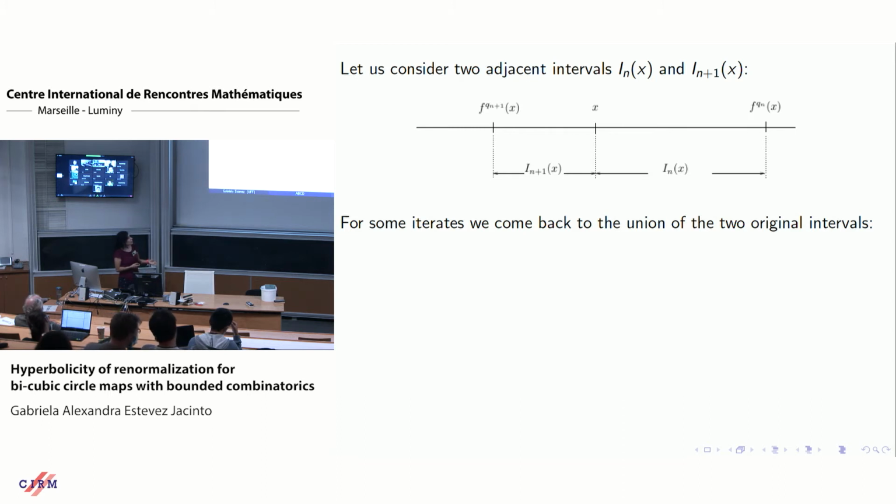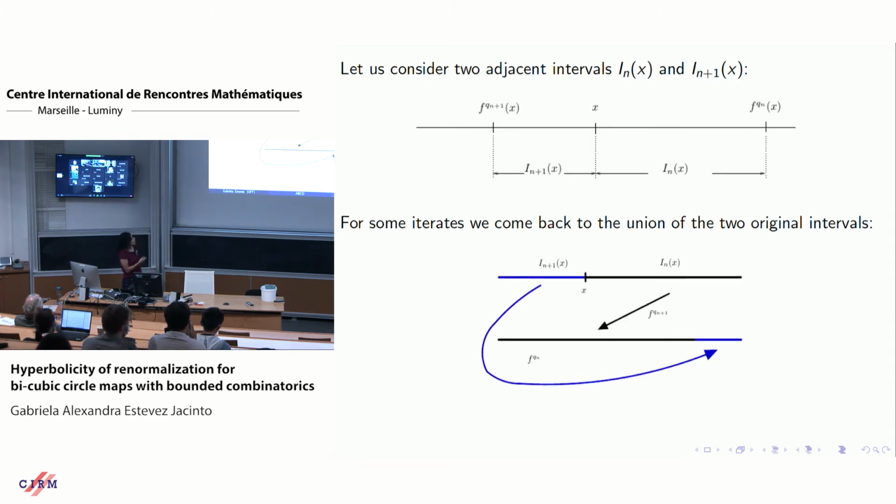There are 2 iterates, one corresponding to this big interval that I will call black interval, another iterate for this small interval that I will call blue, that make this union of intervals come back to the union of intervals.